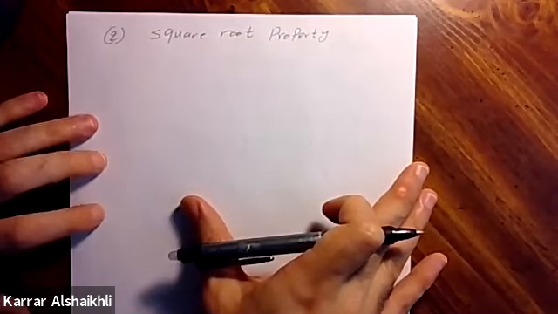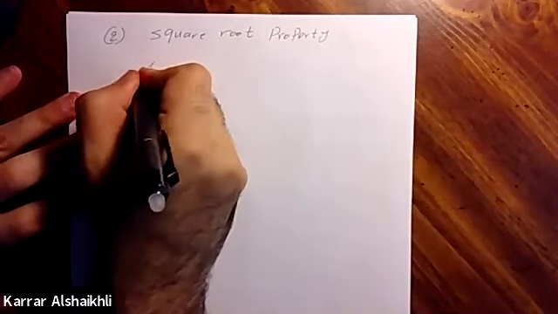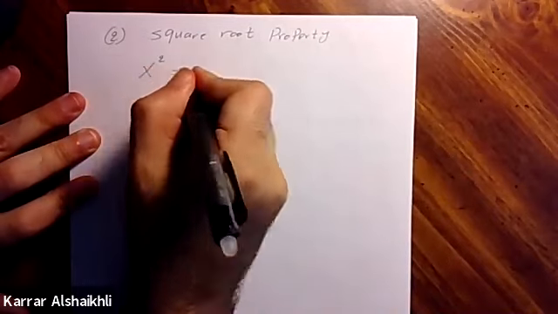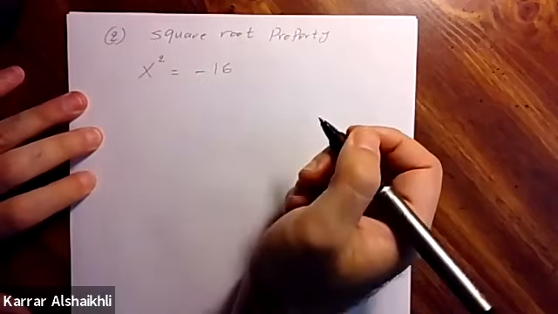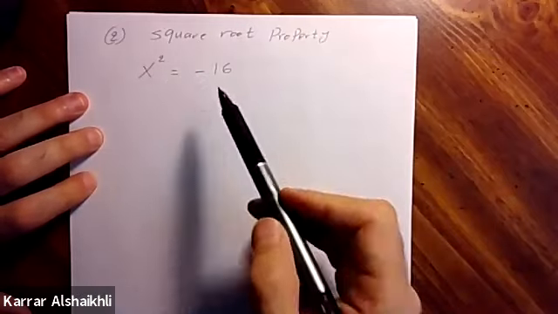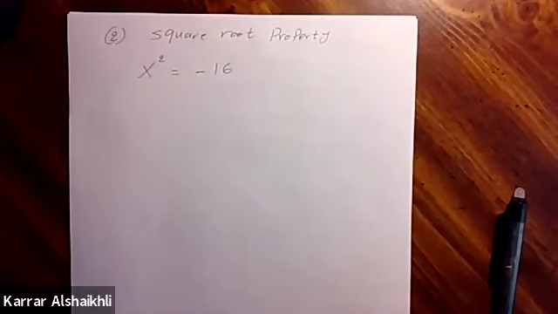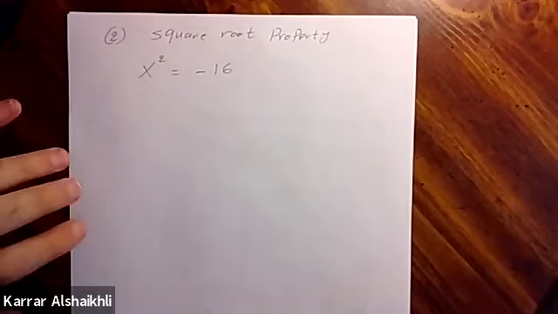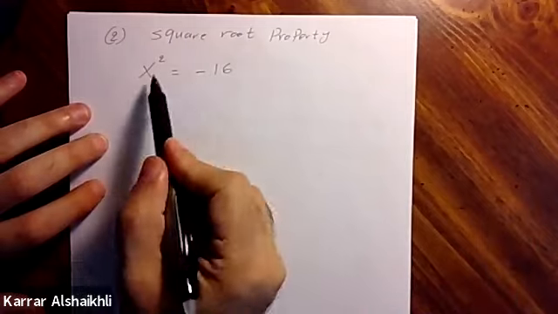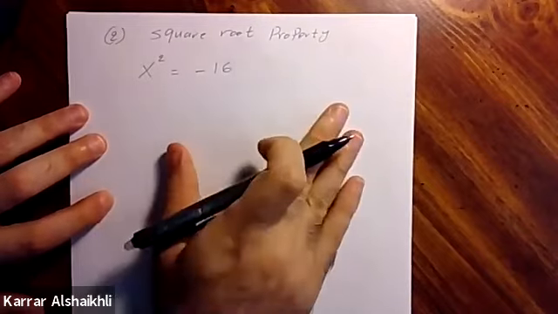So for example, if we have x squared equals -16, how am I going to use the square root property? That means they're telling you, go ahead and take the square root for both sides. So I'm going to take the square root for both sides.